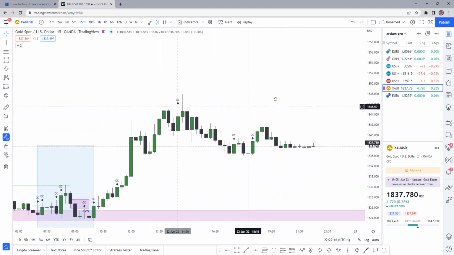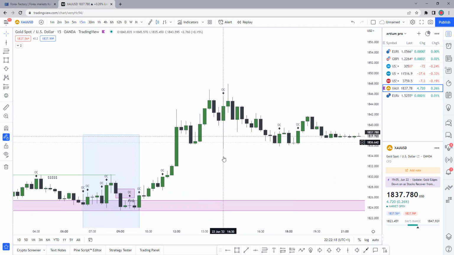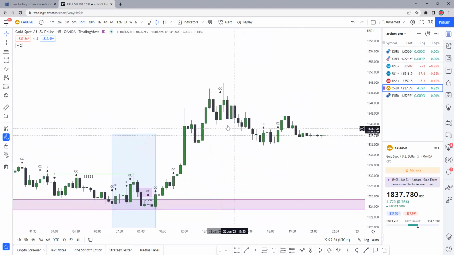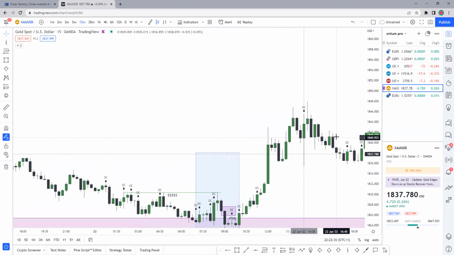So if we look on 15-minute, we can see here, right on the New York Open, we generated another outside candle and swept the liquidity within this area, and we actually run the low of this area here. Okay. And then we priced higher.